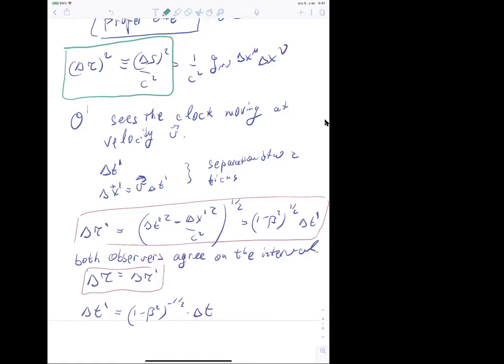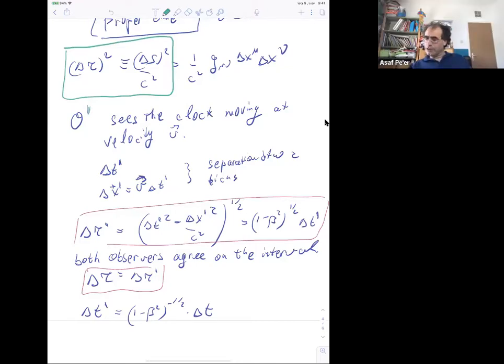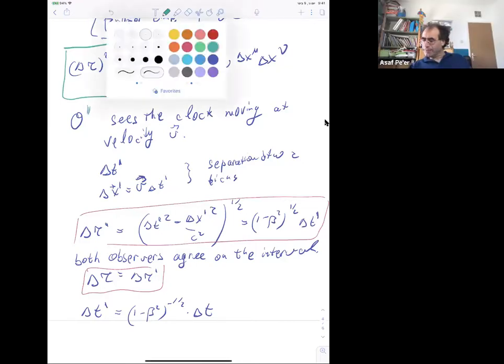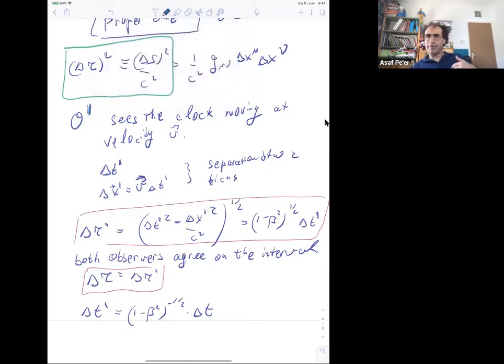I have a question. You're assuming that the O prime observer is traveling in the x direction, correct? No, I'm assuming that the O prime observer is seeing me. Oh. He's seeing me. I'm carrying the clock. I'm the O observer. Now I'm moving.